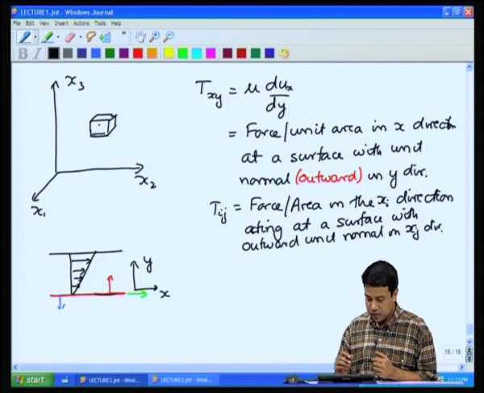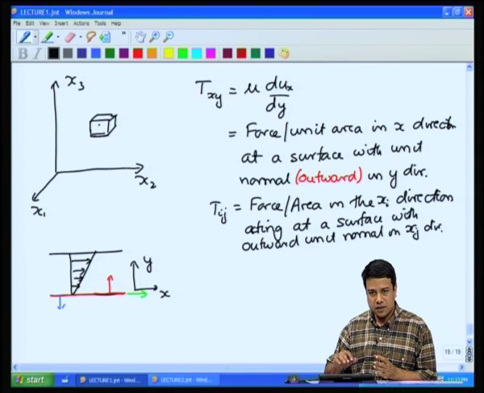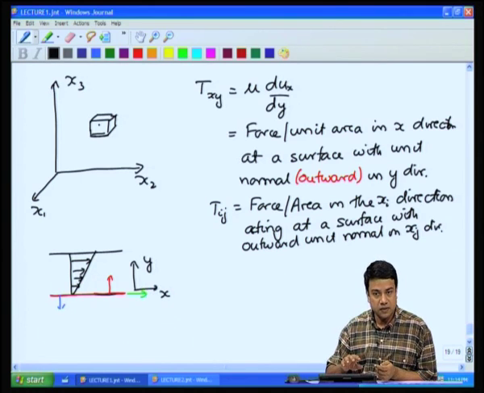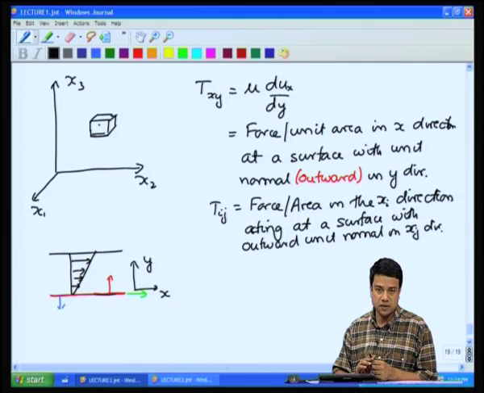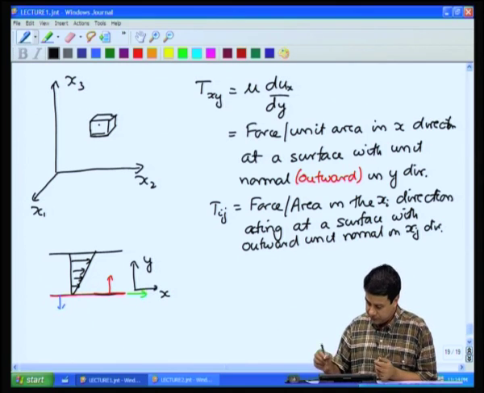So, there are now a total of 9 components. I can go from 1 to 3. The force can have 3 different directions, and at that particular location, the unit normal to the surface can also have one of 3 directions. So, you have 3 directions for the unit normal, therefore a total of 9 components for the stress, similar to the 3 components of the velocity. In this case, since there are 2 fundamental directions associated with the stress, there are now 9 components of the stress.